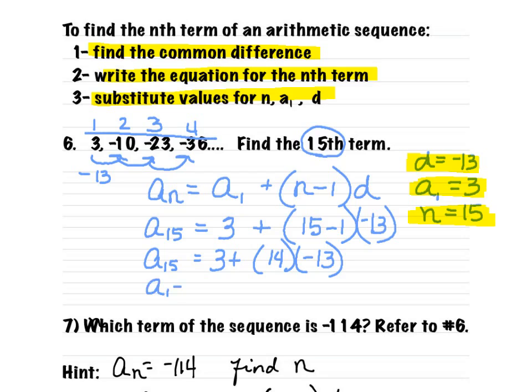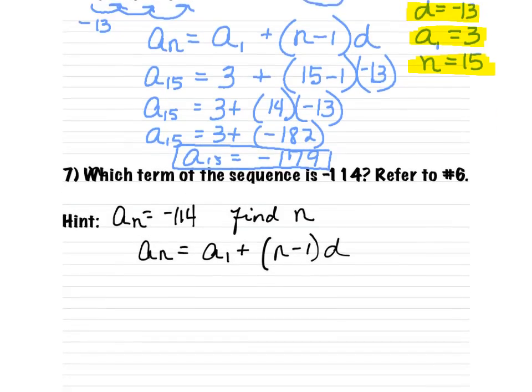The 15th term equals 3 plus negative 182, and so we can say that the 15th term is negative 179. And so instead of completing this term up to the 15th term, we can use this equation to solve it way quicker. Okay? All right, let's look at number 7.